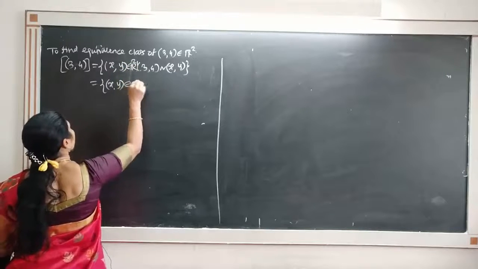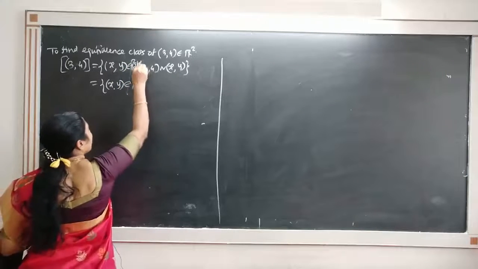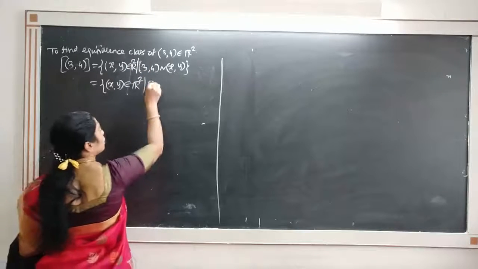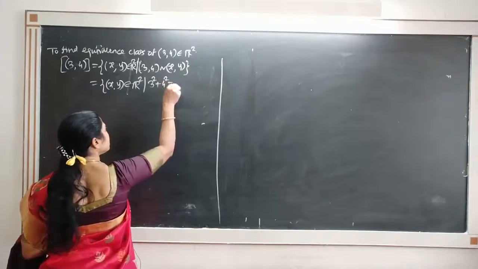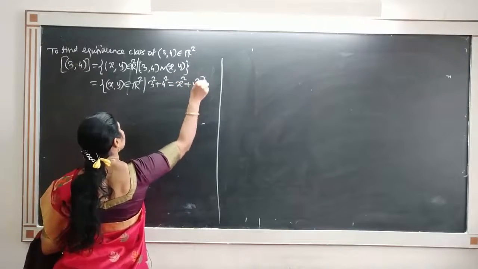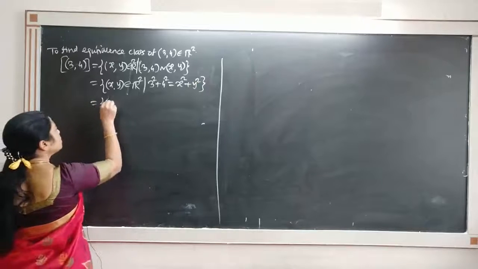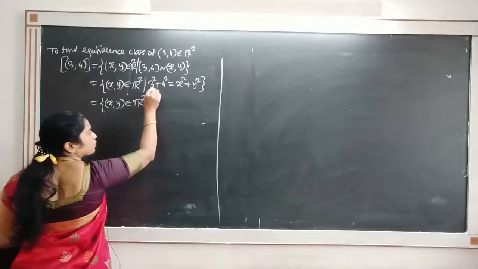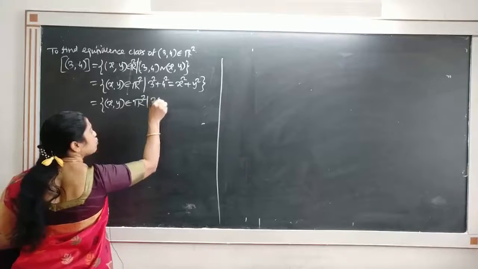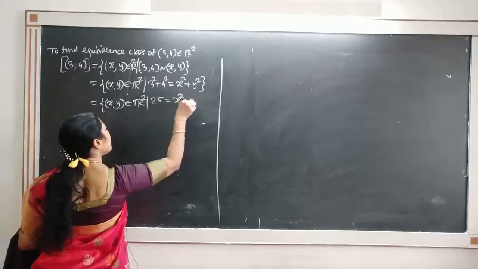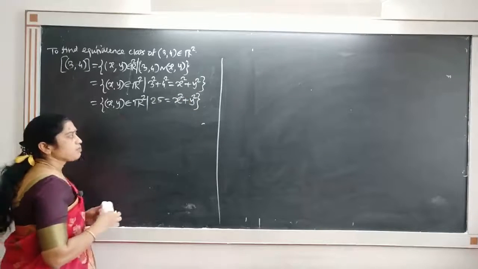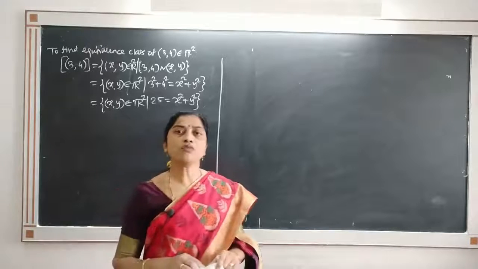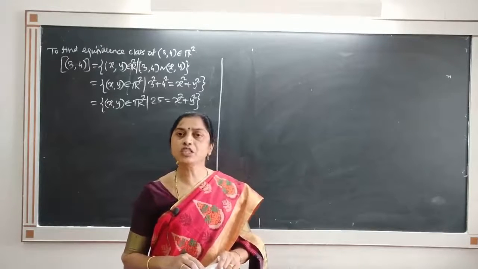Such that (3, 4) is related to (x, y) means that 3 square plus 4 square is same as x square plus y square. So it is the set of all those elements (x, y) in R2 such that 9 plus 16, that is 25, is equal to x square plus y square. What is this? x square plus y square equal to 25. This is the equation of a circle with center at origin and radius 5.